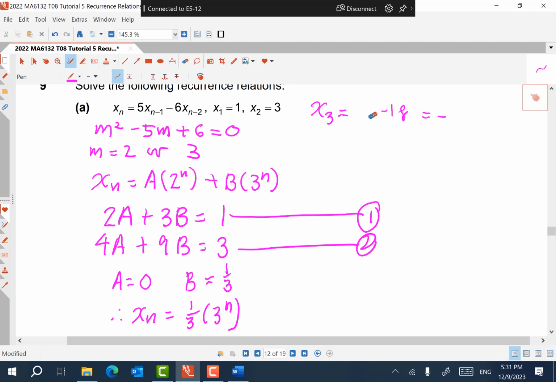Oh, I made a mistake. It's 15 minus 6, so it's going to be 9. So try x3, is it 9? Yes, it is 9. You can try x4, x5, infinite. It works.